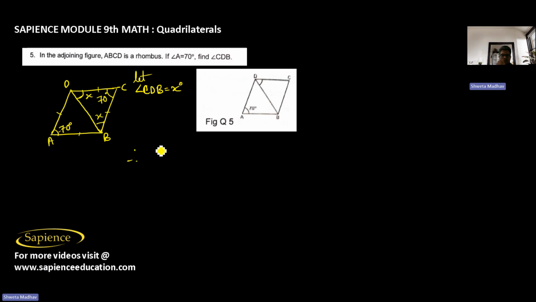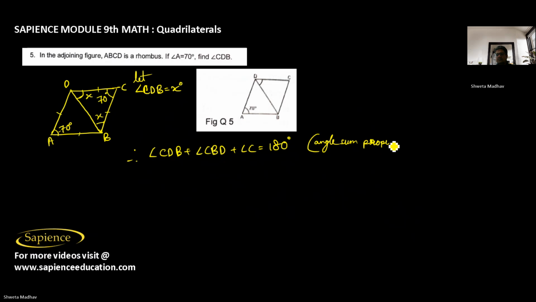So now the sum of the three angles, angle CDB plus angle CBD plus angle C, should be equal to 180 degrees according to the angle sum property of a triangle. So I can say CDB, that is x, CBD, that is also x, plus angle C, that is 70, equals 180 degrees.